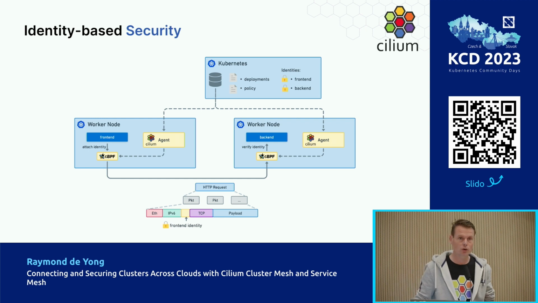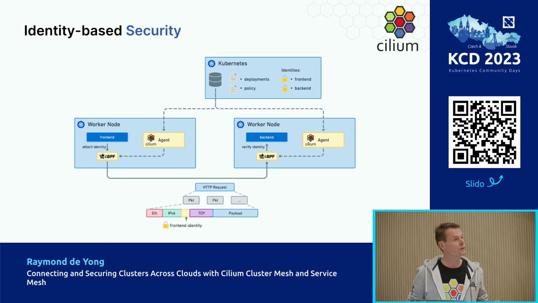So if you have a deployment called front end with the label front end and a deployment with the label back end, we use that metadata to create those unique identities, and we use it throughout our features in Cilium, also for observability, metrics, and obviously security.